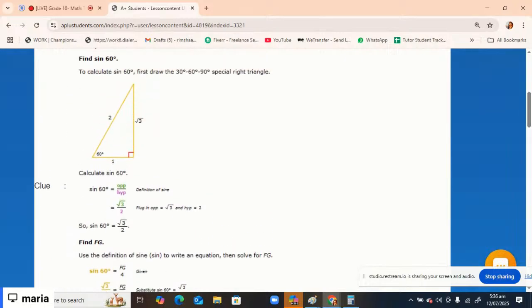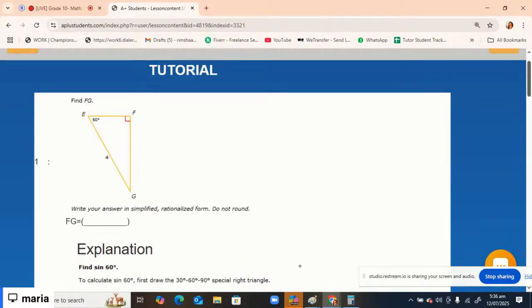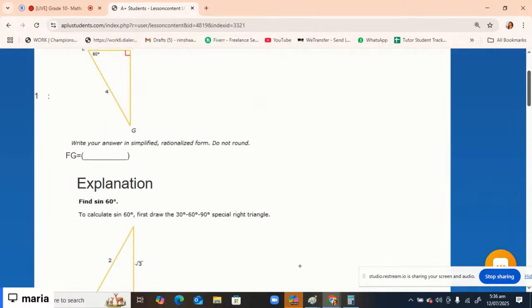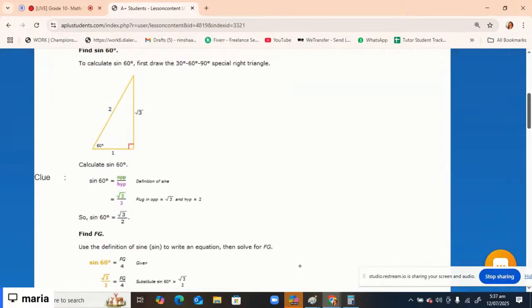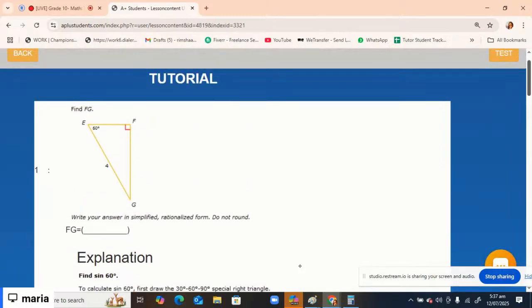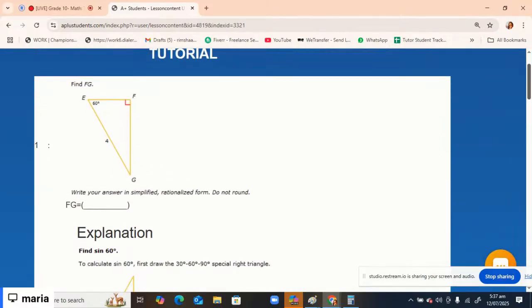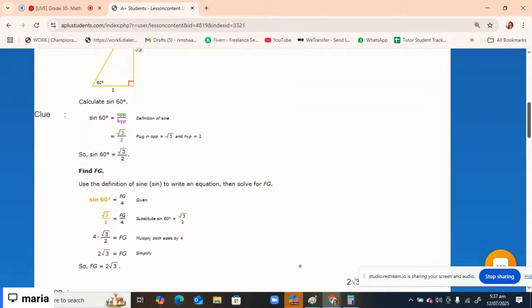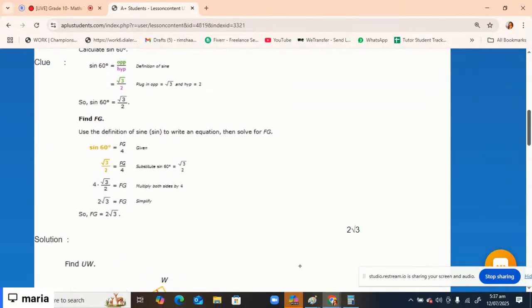How? Only 4 is given here, and 60 degrees is given. Okay, so we are using sine 60 here. What is the value of sine 60? We already know that it is square root 3 by 2.